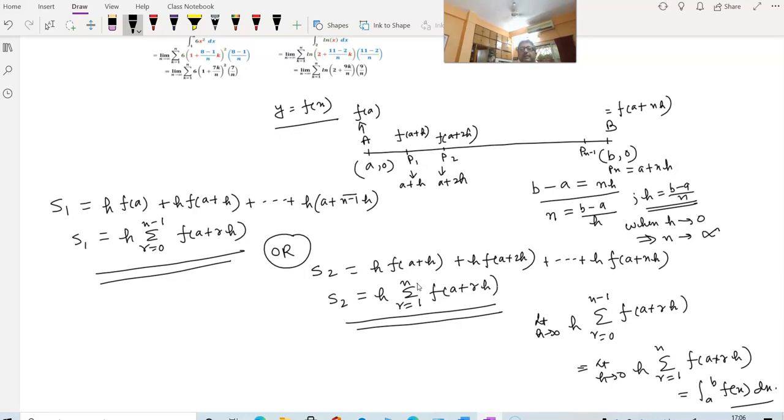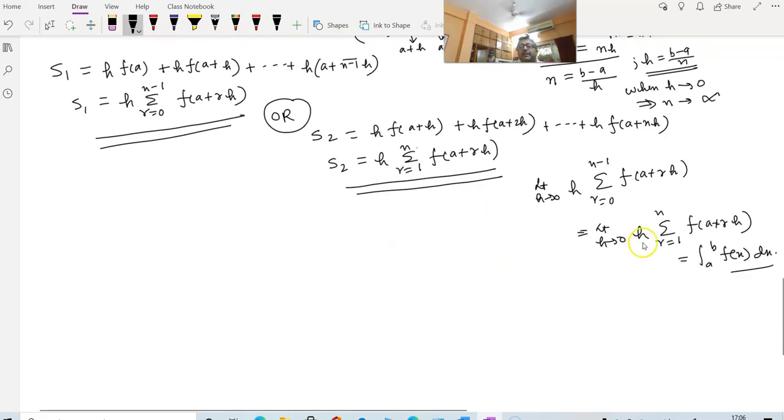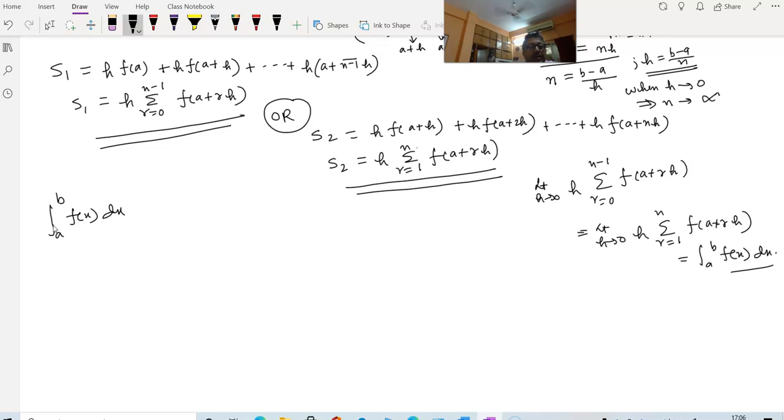Okay, so this definite integration a to b of f(x) dx, what you have learned just now, it is basically the value of this limit: h tending to 0, h sigma r equal to 1 to n f of (a plus rh), where nh is going to be equal to b minus a.